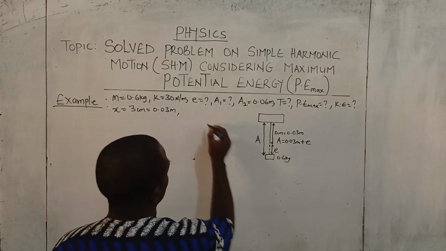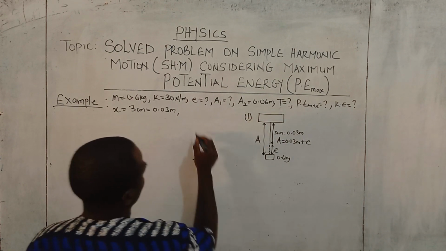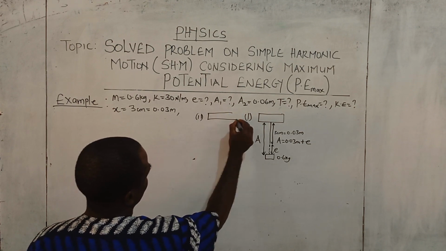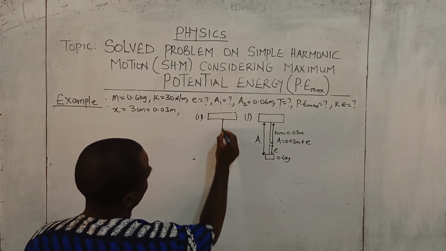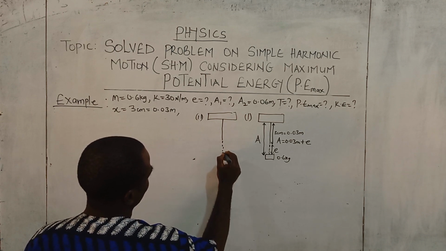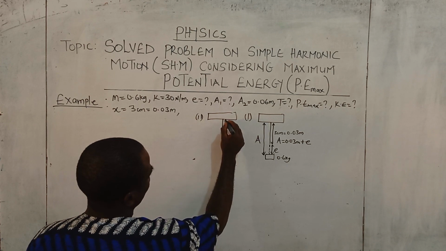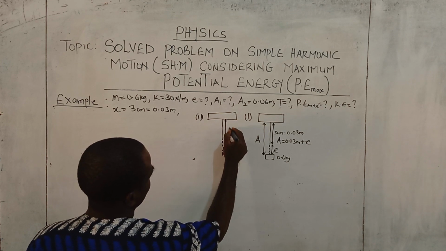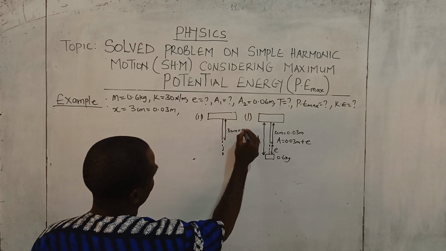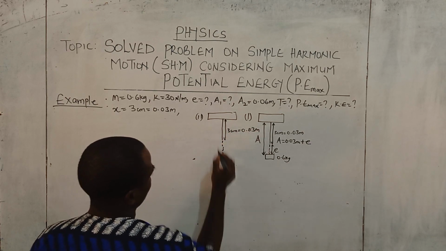For the second diagram, the normal length of the spring before it's being hanged is 3 centimeters. We convert it to 0.03 meters.